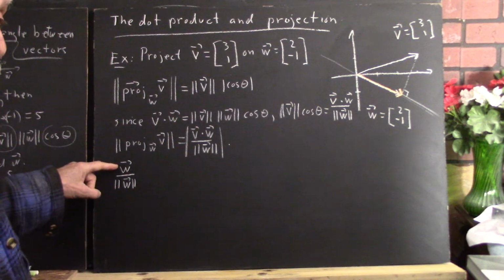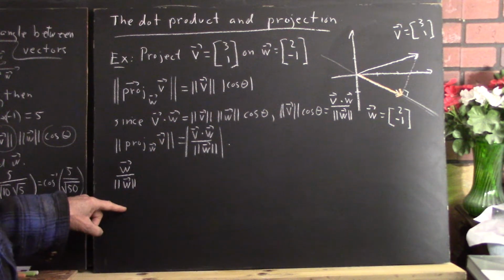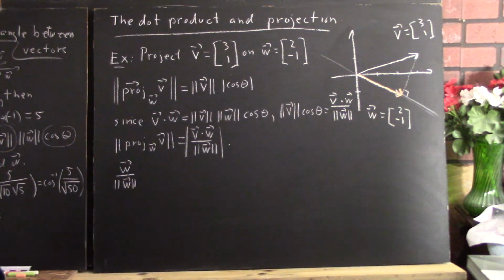Whatever the length of w is, if we divide it by the magnitude of w, we have a vector of length 1.